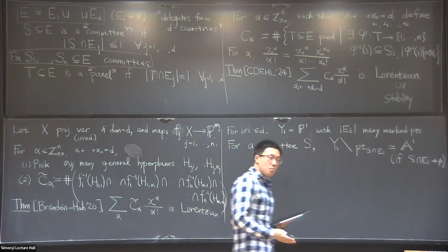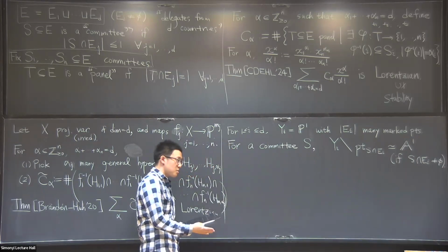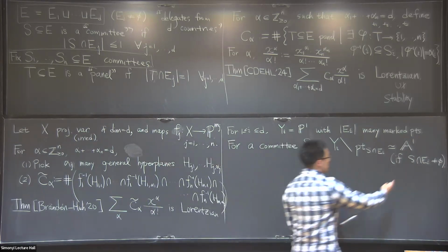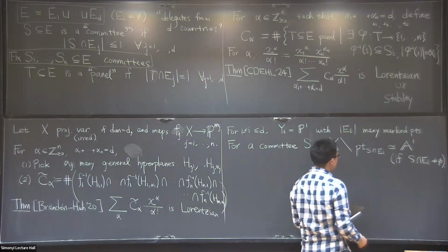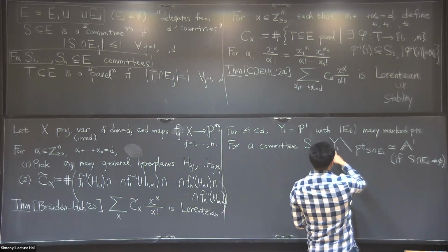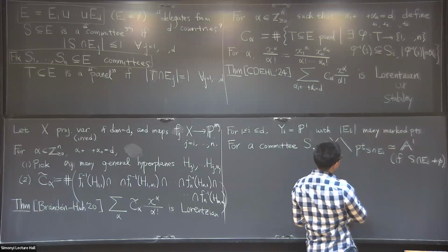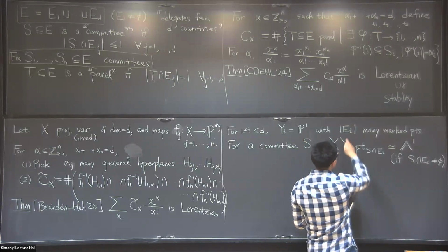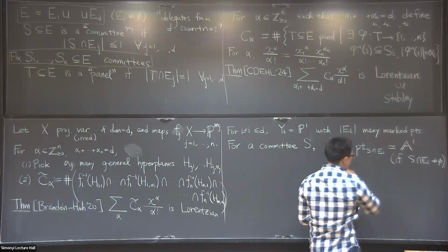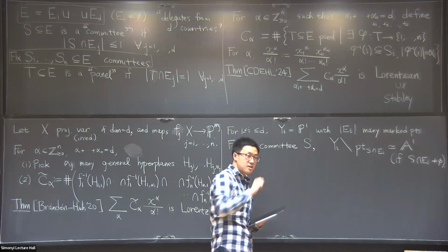So for all i where the country is represented in the committee, this intersection will be exactly one element. For each such i I have P1 marked by those points. Let's also label those points by E_i. So I take away that point.